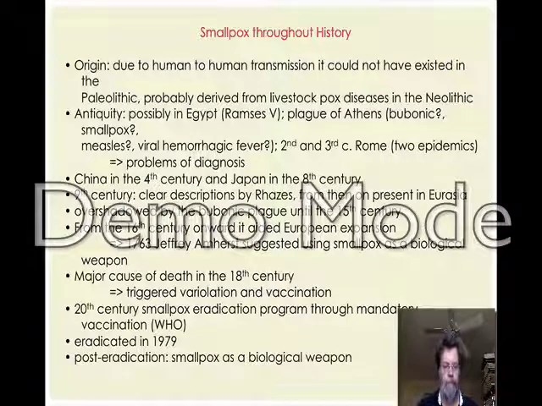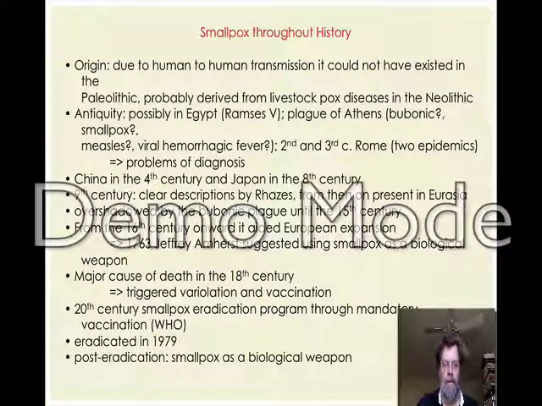Now, smallpox has a very interesting history. Due to human transmission, we know that it could not really have existed in the Paleolithic. It's probably derived from one of the livestock pox diseases in the Neolithic. We see the link between cowpox and smallpox in the discovery of vaccines.